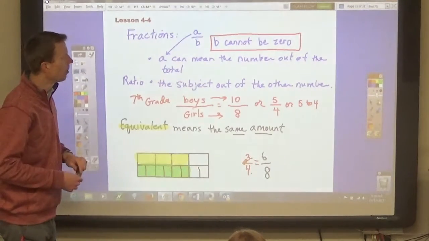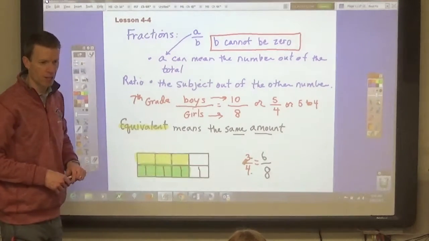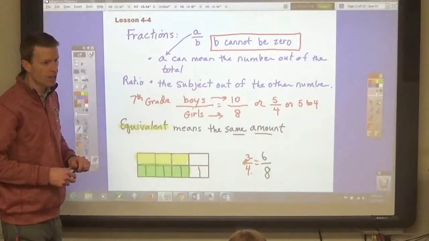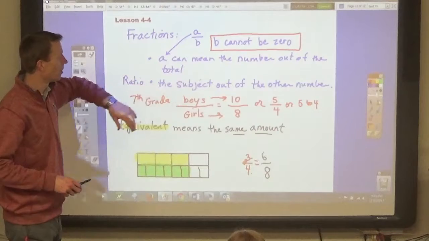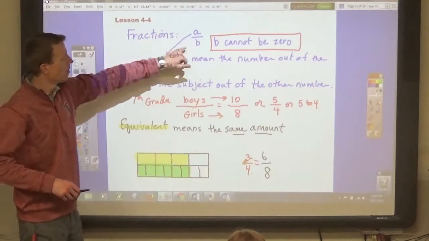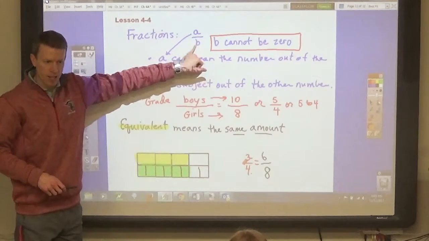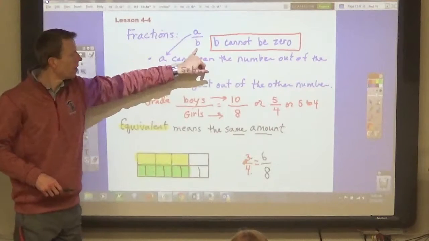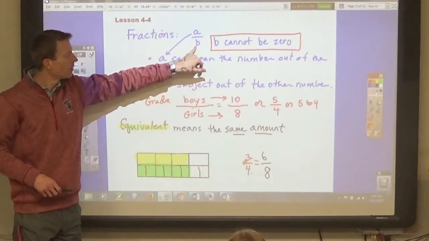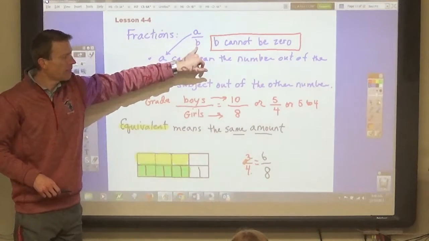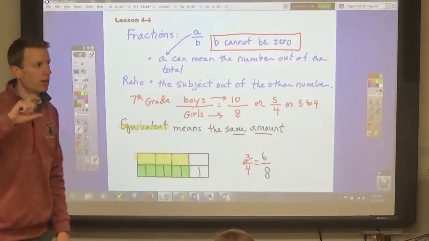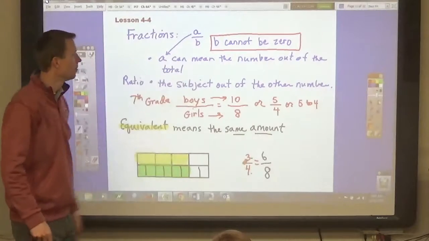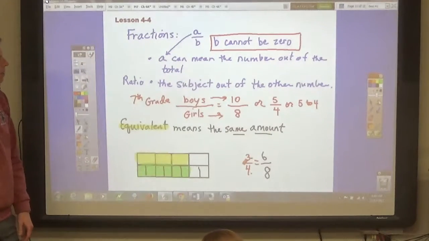So any number can be written as a fraction. Any whole number also can be written as a fraction, as long as b cannot be 0. All right, you can't write a fraction with 0 in the denominator. It has to be at least 1.